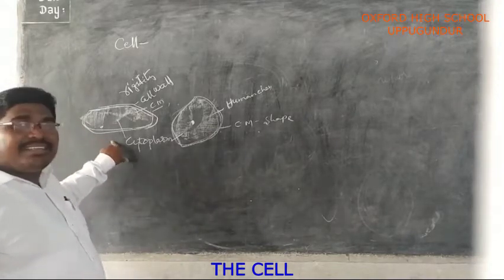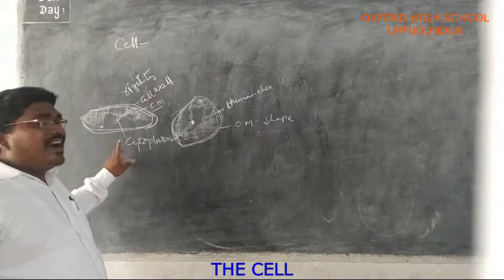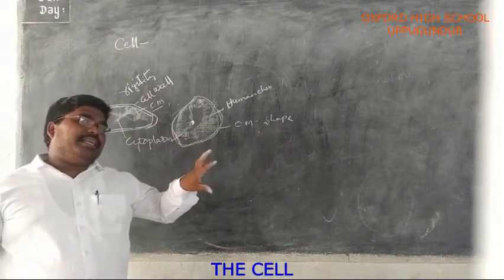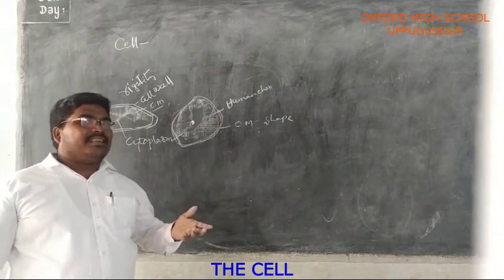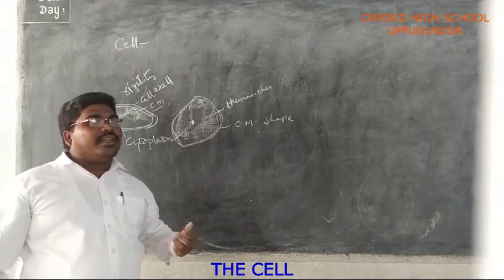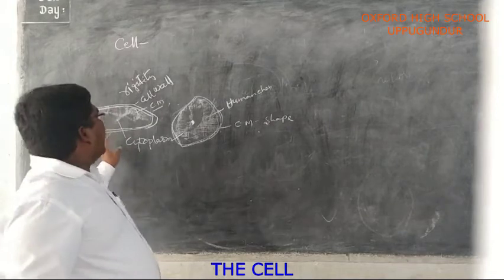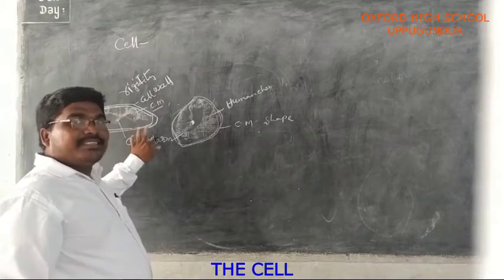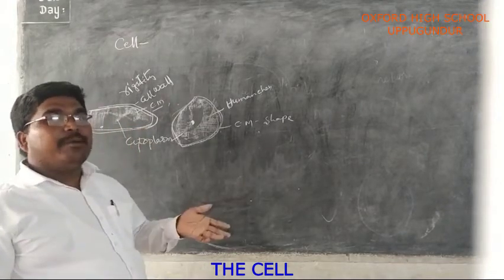In the activity with the onion peel cells, all the cells of the onion are similar in structure and shape.